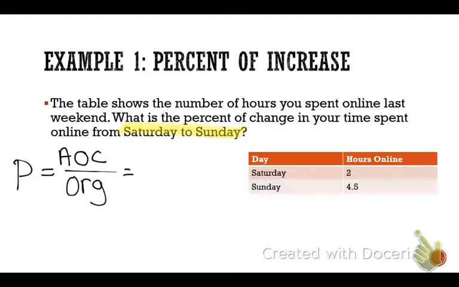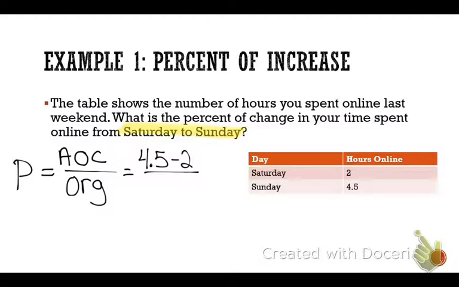And on Sunday, we spent how many hours? 4.5. So again, it doesn't matter for the amount of change. We're just subtracting the values. So order doesn't necessarily play a part in this. I just need to find the difference between the two numbers. So that's why I'm doing 4.5 minus 2 instead of the other way around.